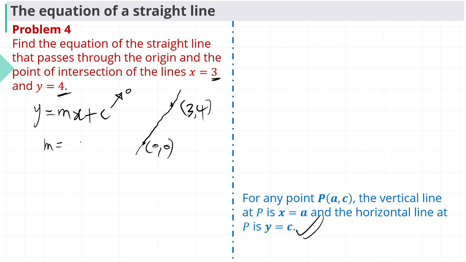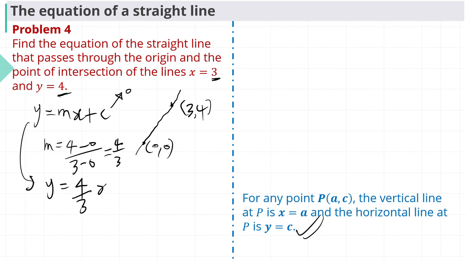Gradient m equals change in y, 4 minus 0, divided by change in x, 3 minus 0, and that gives 4 over 3. So the general equation y equals mx plus c is going to be y equals 4 over 3 x plus 0. The y-intercept is 0.